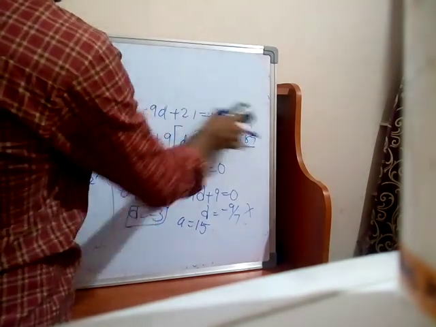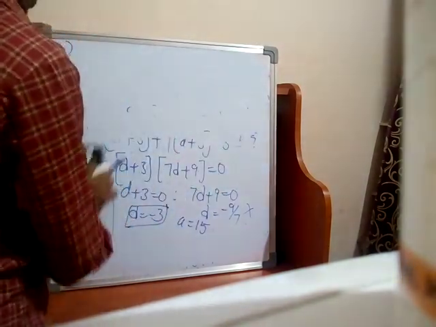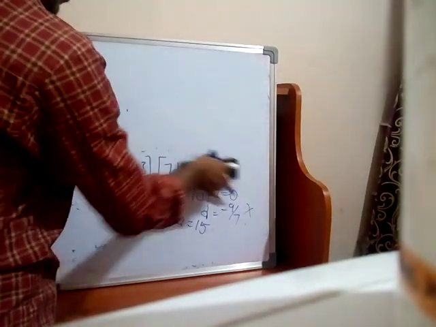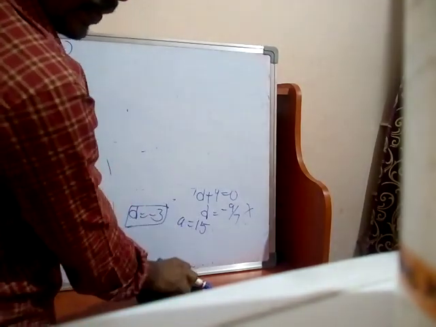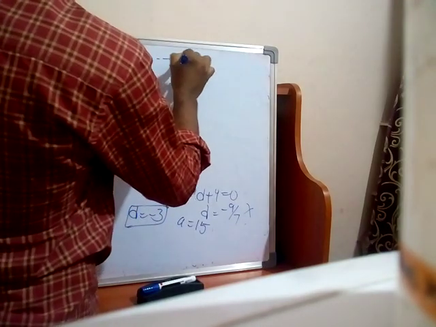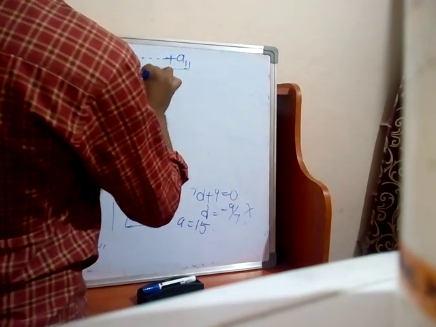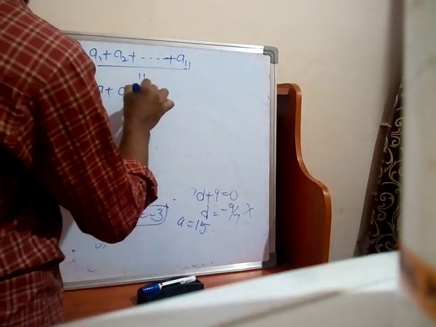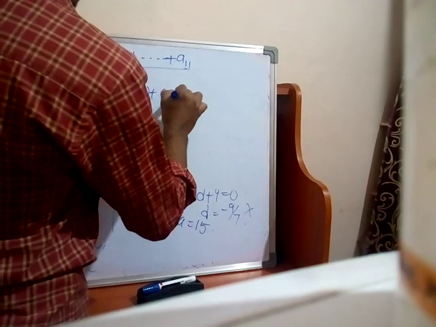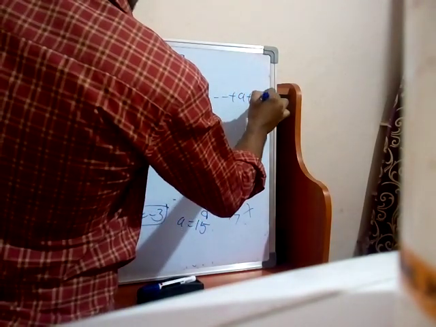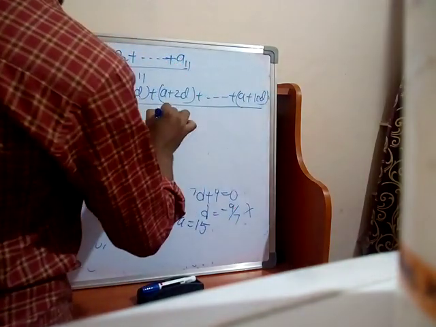A1 plus A2 plus A3 plus A4 plus so on up to A11, divided by 11. Yes, A1 plus A2 plus so on up to A11, by 11. What is the result? So here a plus a plus d plus a plus 2d, like that, a plus 10d, by 11.